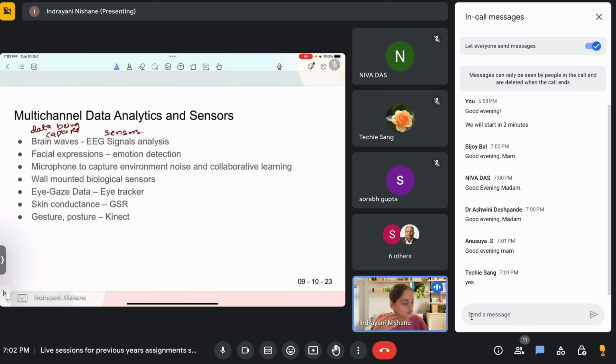So EEG, or electroencephalography. Even I get confused with the full form, because we generally use the term EEG. The EEG sensor has small electrodes which a learner or user has to wear like a cap, or a band which goes across your head, and those electrodes capture brain waves.